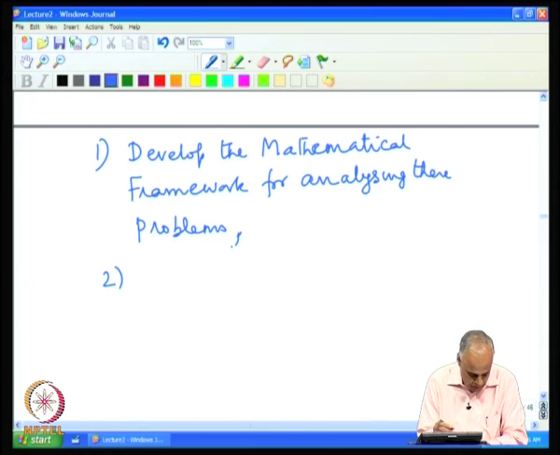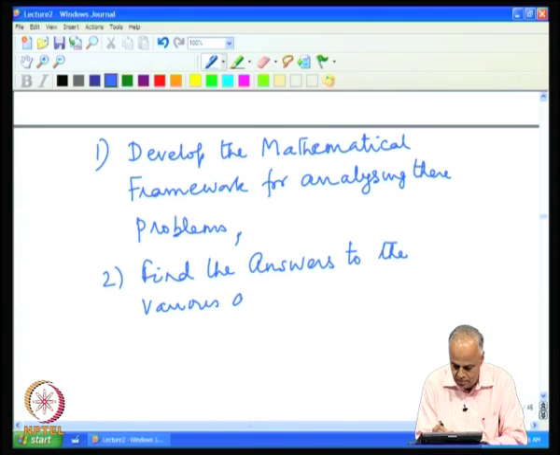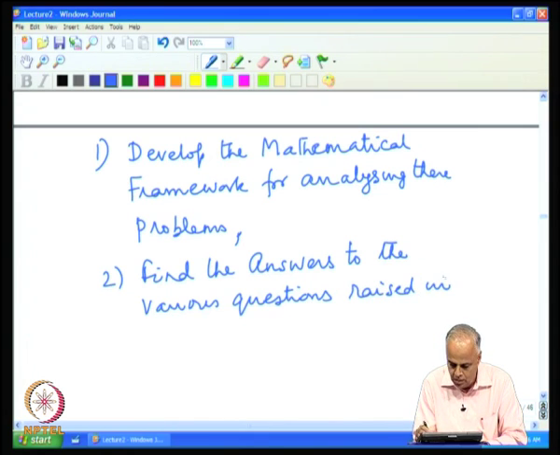Two, find the answers to the various questions raised in the above problems.